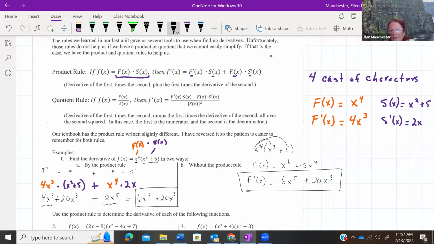So if you can see that it is simplified, and I can multiply through and get it so that it's just a polynomial, it's much easier to find the derivative. But just know, and I'll show it to you, there are going to be times where you can't get away with that. You have to do the product rule.